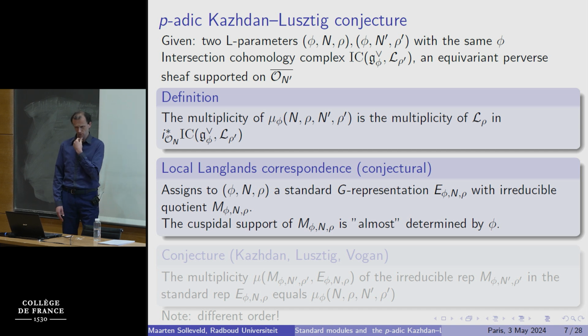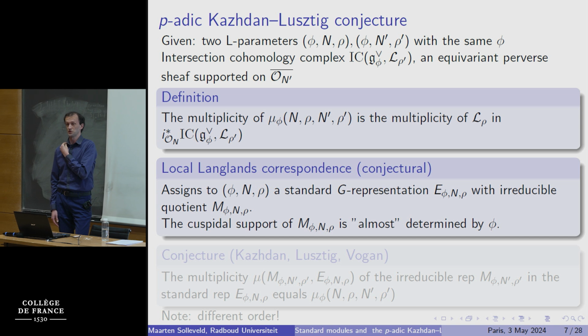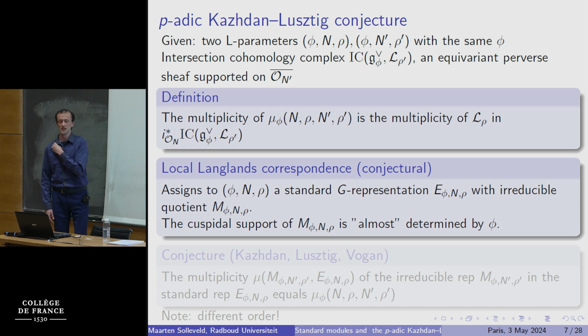I'm not sure I need this, but okay. We need to assume that there is a reasonable form of the local Langlands correspondence, and this reasonability includes that the part phi of the local Langlands parameter will classify more or less what the cuspidal support is.